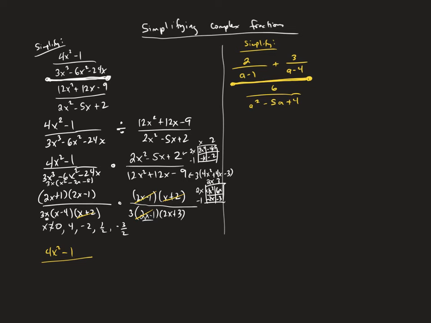And then on the bottom, x plus 4 times 2x plus 3, well, 3 times 3x gives me 9x. And then 2x plus 3 times x minus 4 is 2x squared minus 5x minus 12. And then I would multiply that out, and then write all the excluded values next to it.